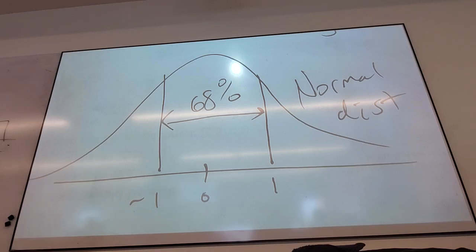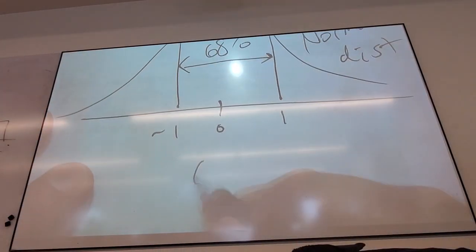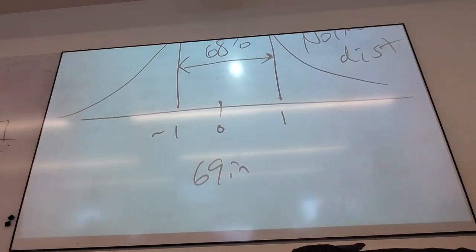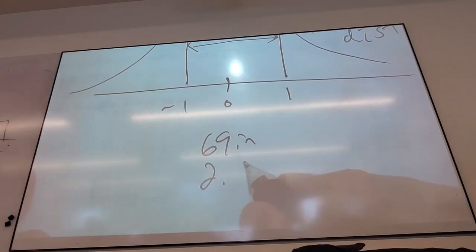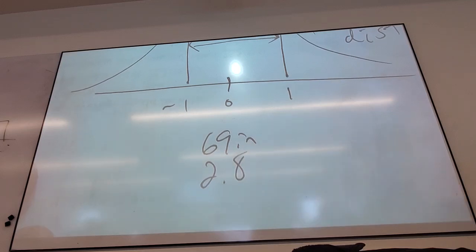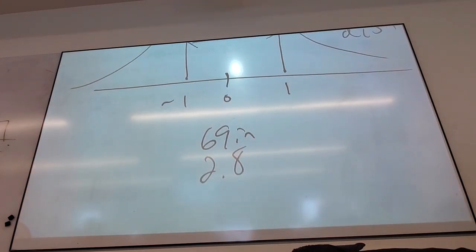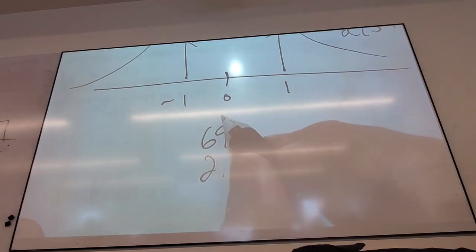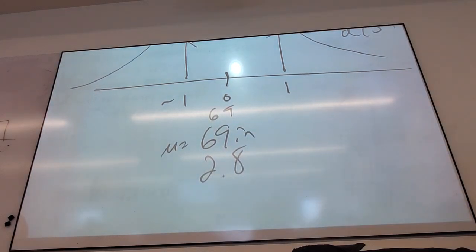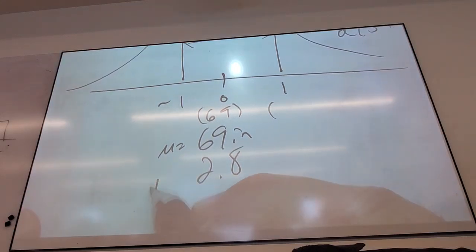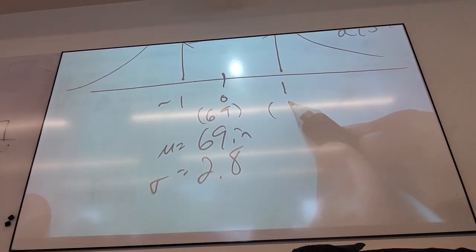So real quick, just to give a concrete example, the average height of men in America is 69 inches, with a standard deviation of 2.8. Can you guys help me? If the mean is 69, I'm going to put that right there, yes? Okay. What's 1 step up? How big is each step? 71.8.